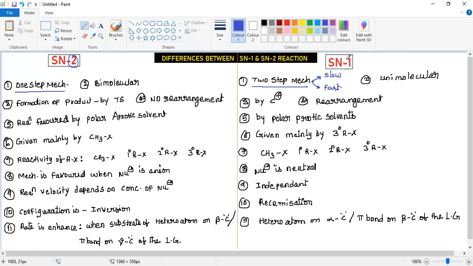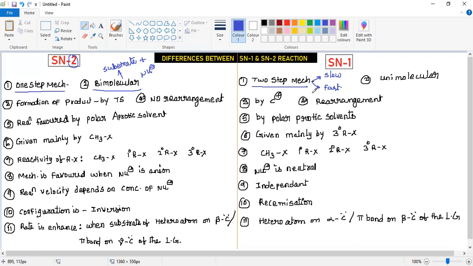Unimolecular means only the substrate participates in the chemical reaction. But here, two molecules means bimolecular. Bimolecular means the substrate, that means the reactant, and the nucleophile, both participate in the reaction, and it is only a one step mechanism.